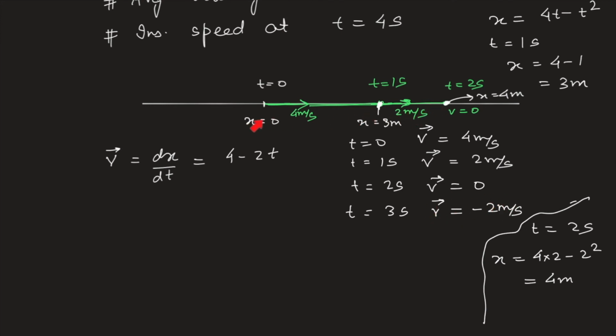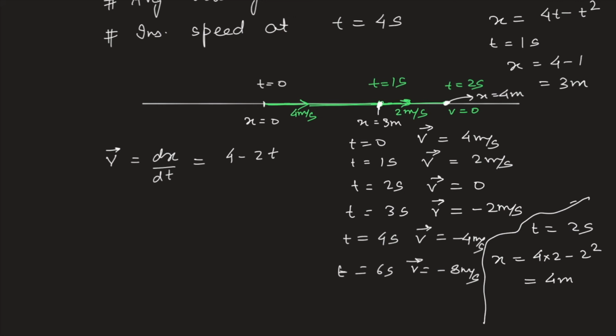Why back? Because the velocity is negative. At t equals 4 seconds, you can again see that the velocity is minus 4 meter per second. At t equals 6 seconds, the velocity is minus 8 meter per second. So you will see that the particle is returning back after 2 seconds.